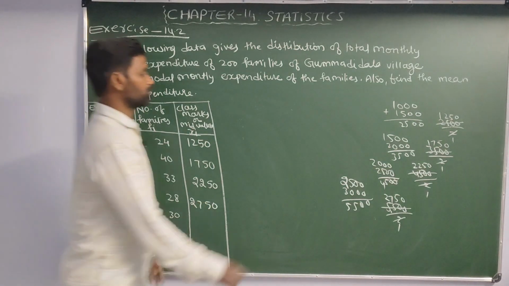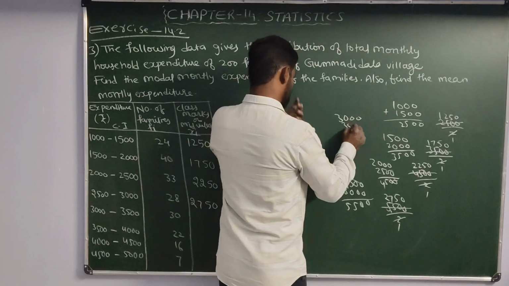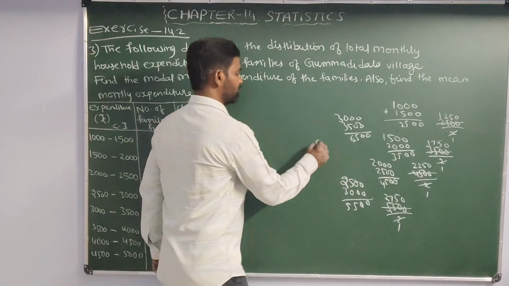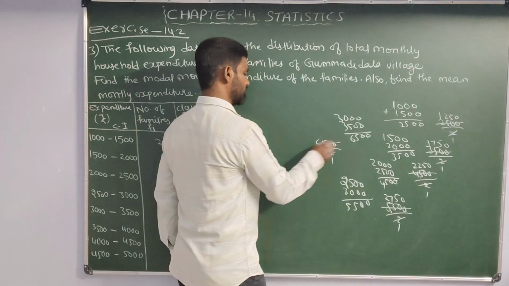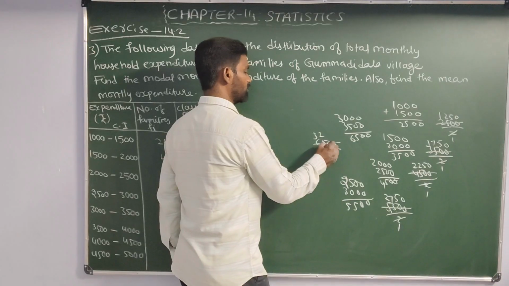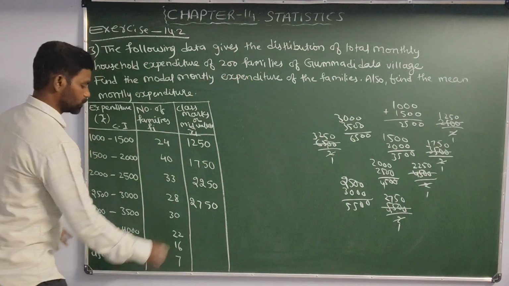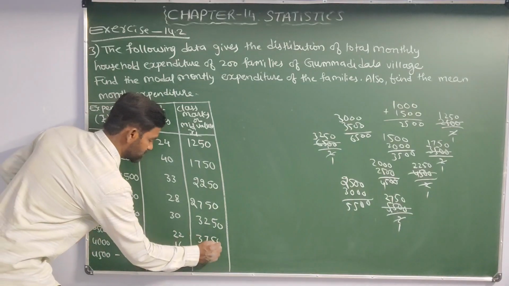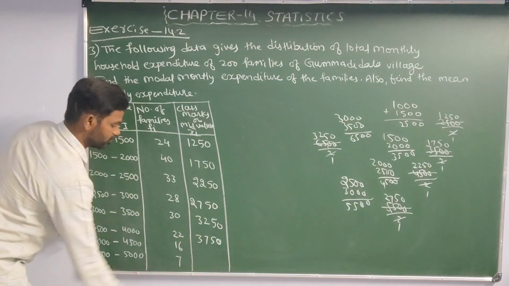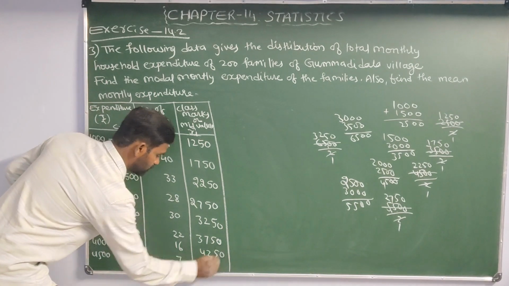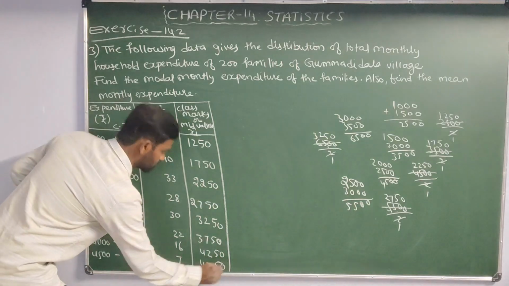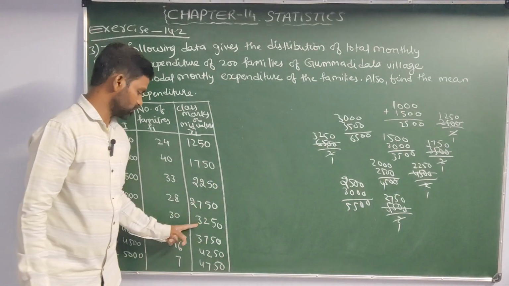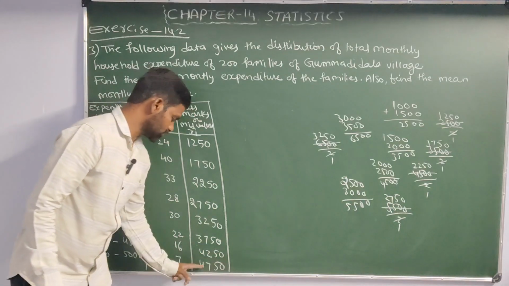Next, 3000 and 3500 is 6500. 6500 divided by 2 is 3250. Next we get 3750, you add 500 each time. Next we get 4250, and the last one we get is 4750. Once you observe it: 1250, 1750, 2250, 2750, 3250, 3750, 4250, 4750.